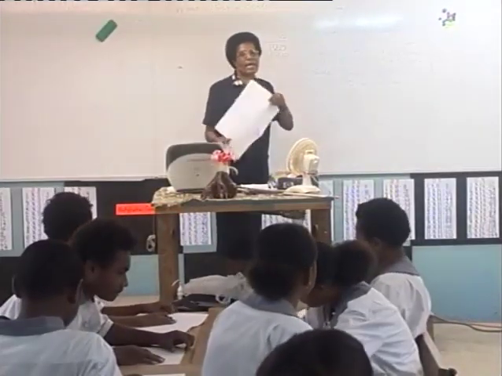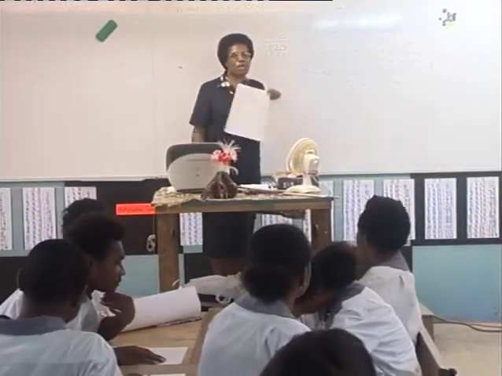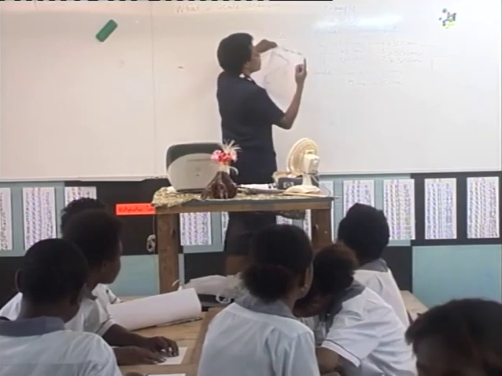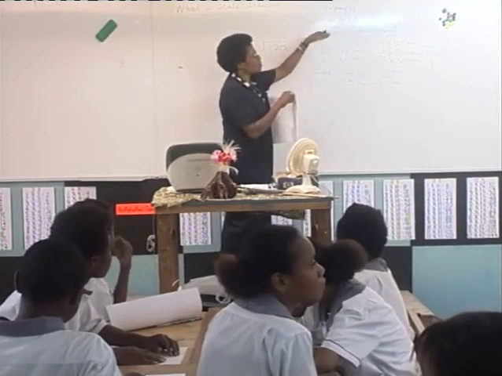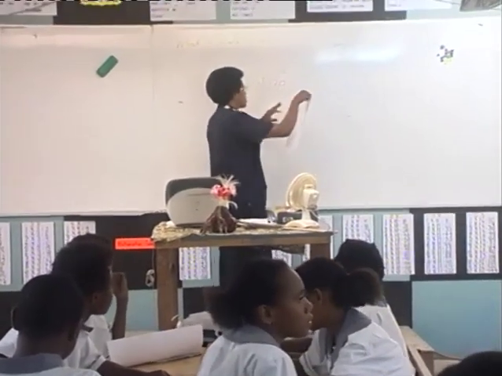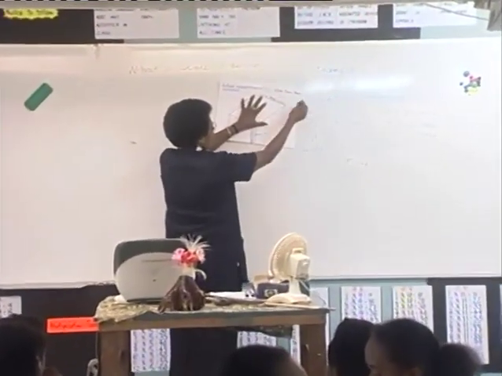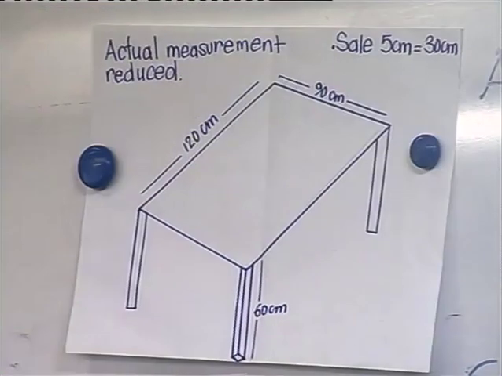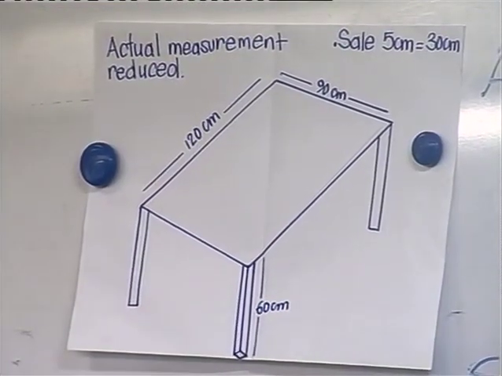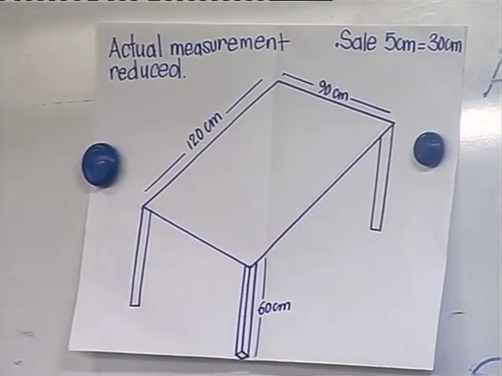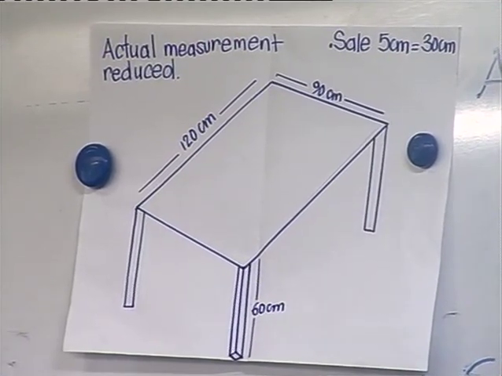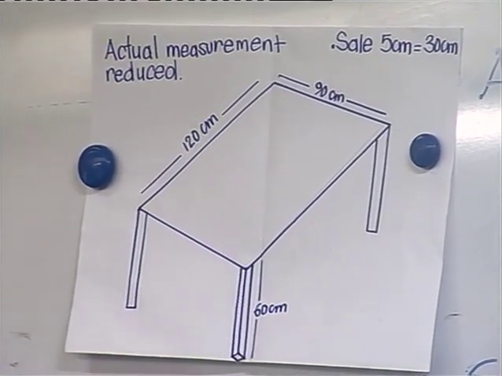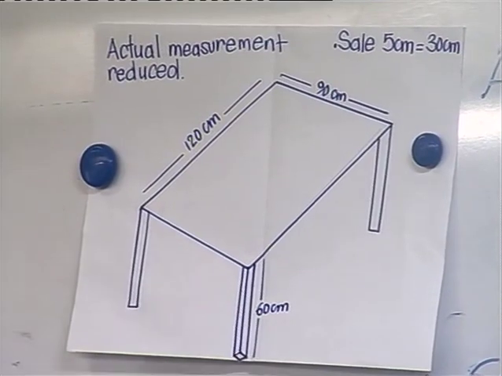Now, on the paper, I have drawn not the actual measurement, but the measurement that has been reduced. And this is how it would look on the A3 paper. Now you have to have something like that done on the seat, not the table. Table is an example. Our project is the seat.